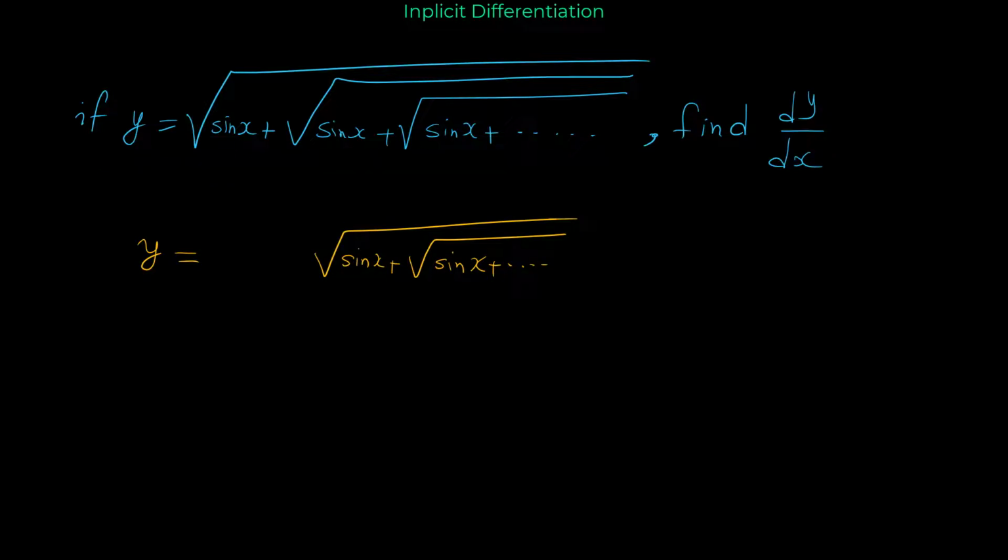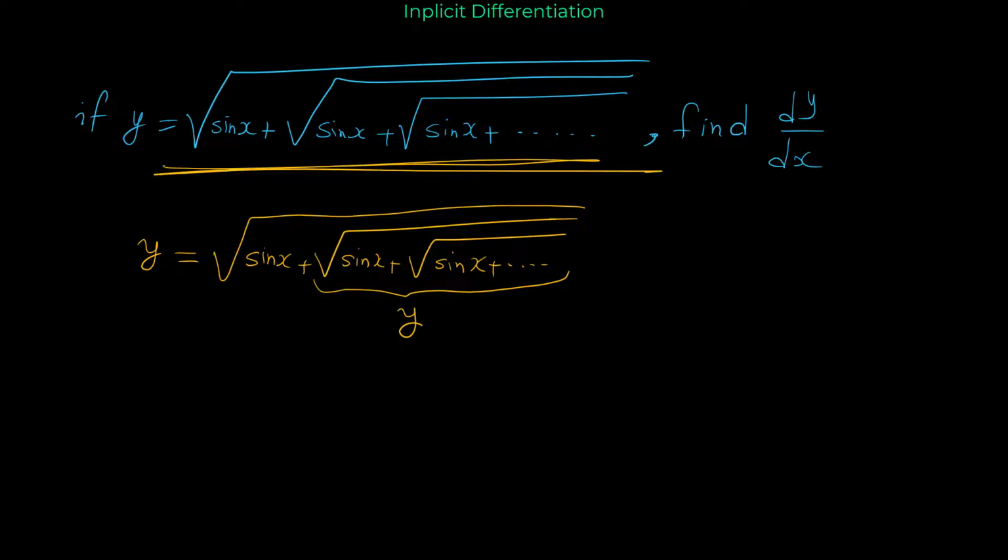Now maybe you got the idea of what we want to do. I had this here, the square root of sine of x plus this. But when we look at here, we notice that here again we have a y, because y is this, and exactly we have the same thing inside here.